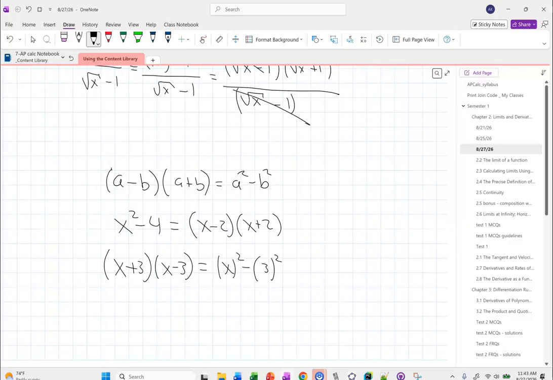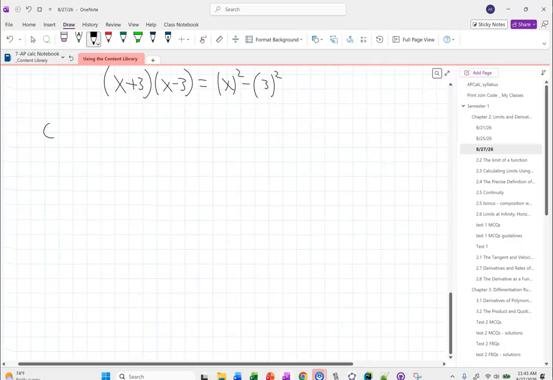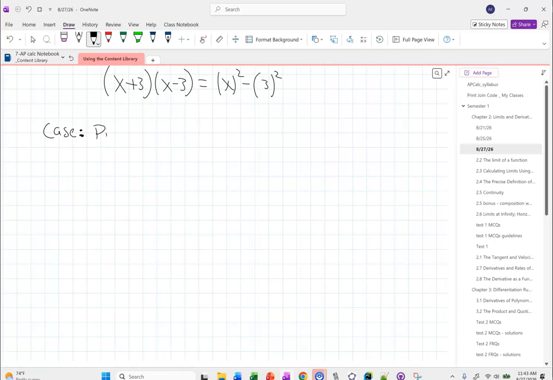So far so good though? Okay. Let's look at a new situation. This will be like the third situation we've looked at. Let's do this one next. So let's say we have a piecewise function going on here.